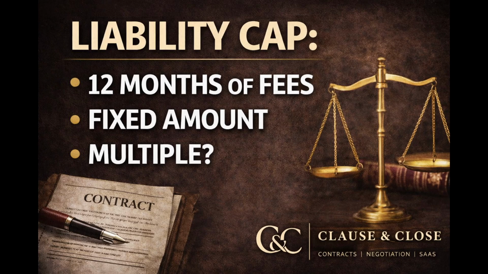I do not increase the cap mechanically. In other words, 12 months of fees when the contract is recurring, standardized, and economically coherent, a fixed amount when fees do not reflect the real exposure, a multiple of fees when movement is needed but the structure should remain proportional.